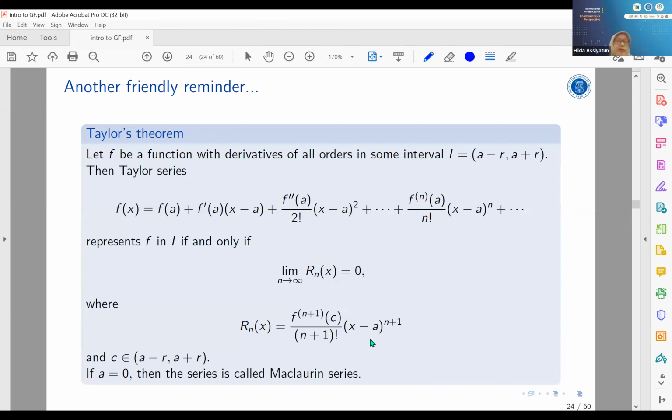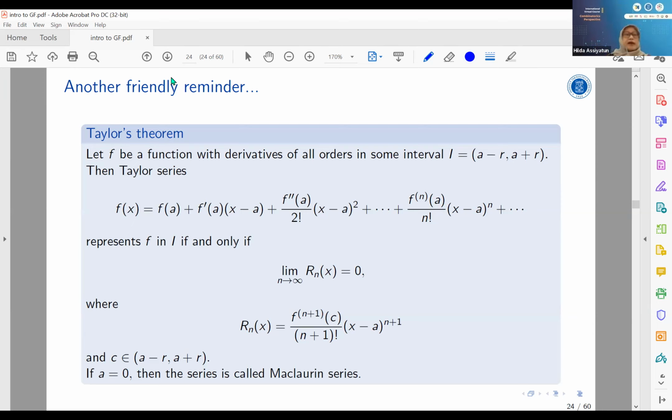If we have a function f that has derivatives of all orders, then we can express f as a Taylor series, where the nth term is the nth derivative of f evaluated at a, divided by n factorial, times x minus a to the n. In particular, if a equals 0, then we have the Maclaurin series.